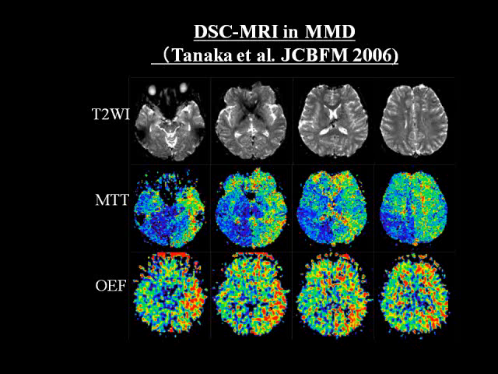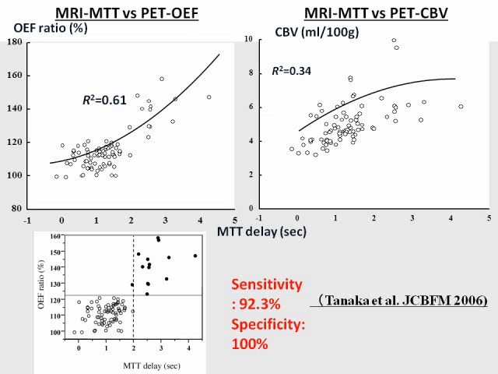So we performed comparative studies with PET and an easier technique, such as DSC MRI. And we found that the elevated OEF can be detected by the area with prolonged mean transit time measured by the DSC MRI. The area with elevated OEF can be detected by the prolonged mean transit time compared with control region, with high sensitivity and specificity.